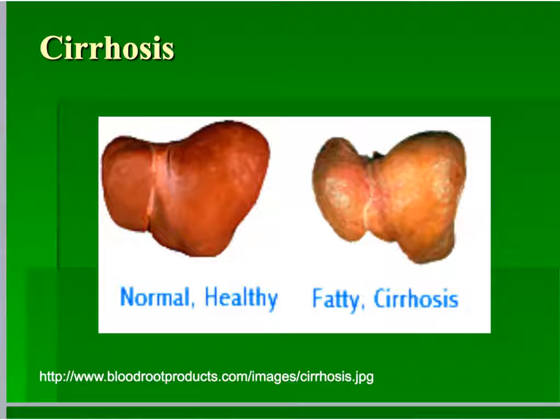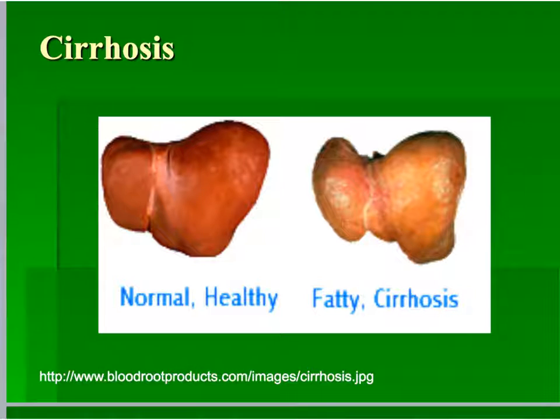So these enzymes spill into the blood and start elevating in the blood. Elevation of the ALT, elevation of the AST, elevation of the liver function test enzymes will be seen in patients who have liver dysfunction, end-stage liver disease, or cirrhosis.